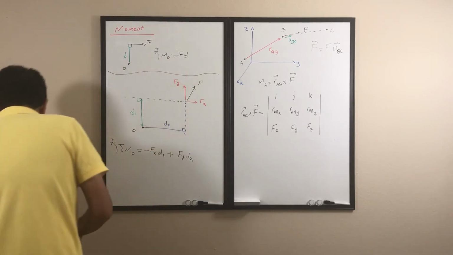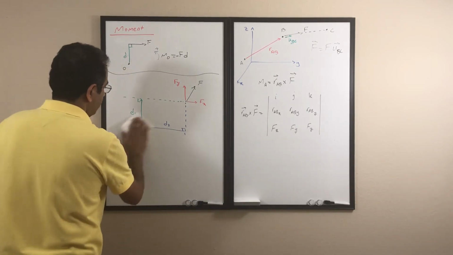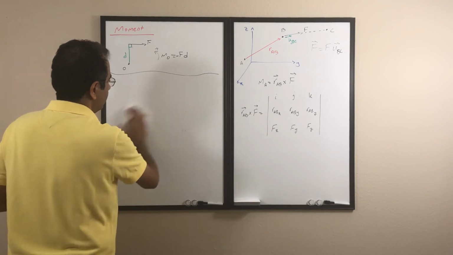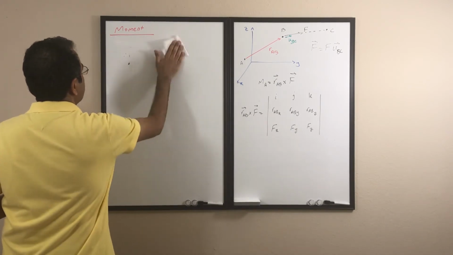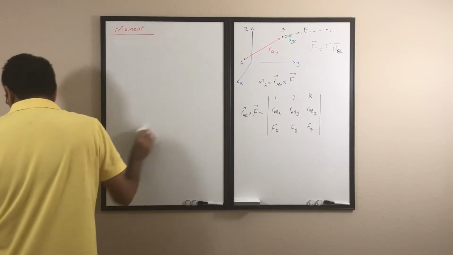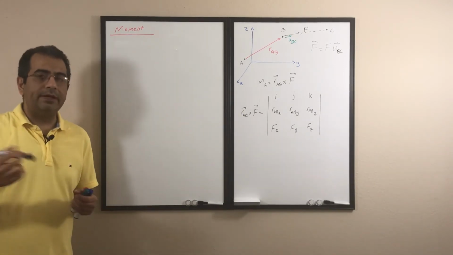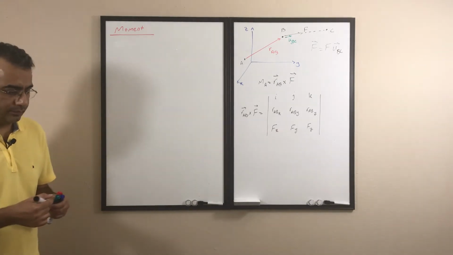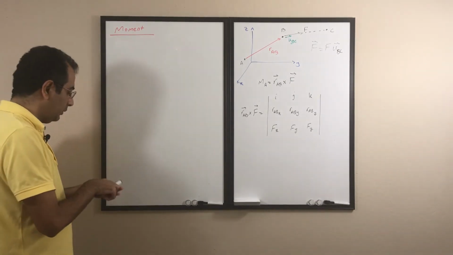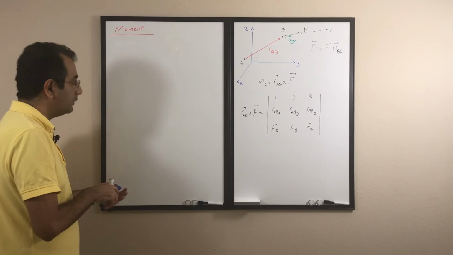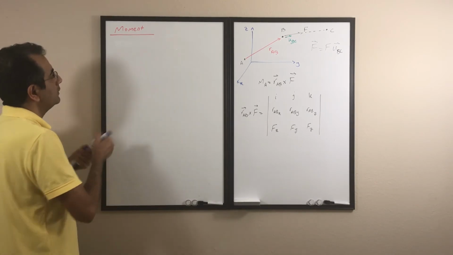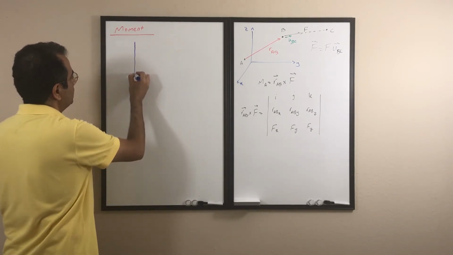Similarly, if you want to find the moment about an axis, if we can find the normal distance it is like the previous, but if we cannot, again, it's a very similar thing. So I'm going to draw that.